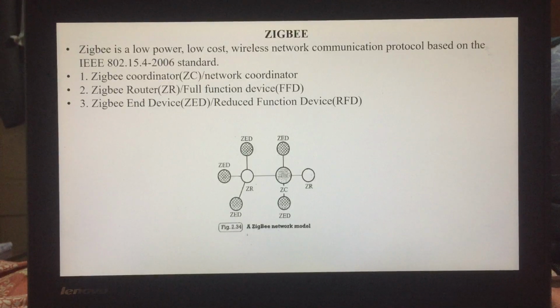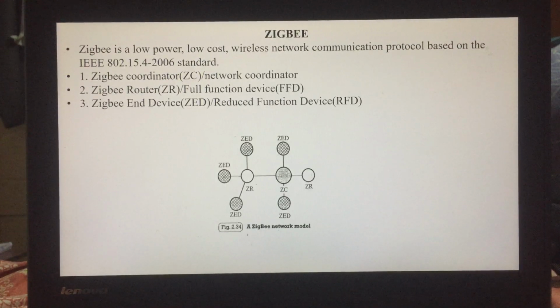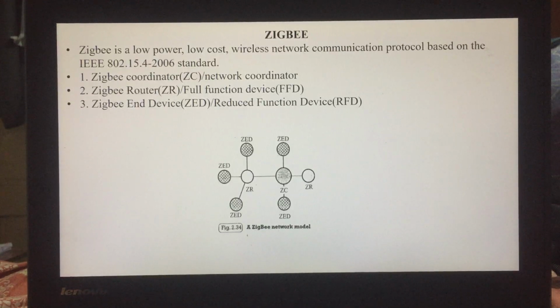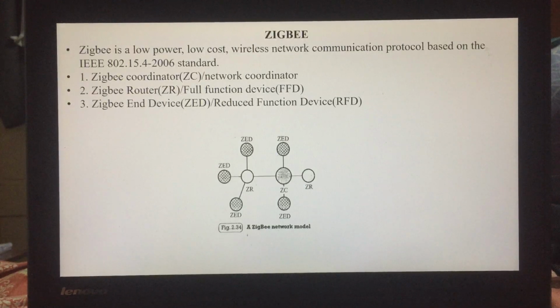Zigbee consumes less power and is a low-cost wireless network communication protocol. It follows the IEEE 802.15.4-2006 standard. Zigbee is used in low power, low data rate and secure applications. This comes under wireless personal area networking.